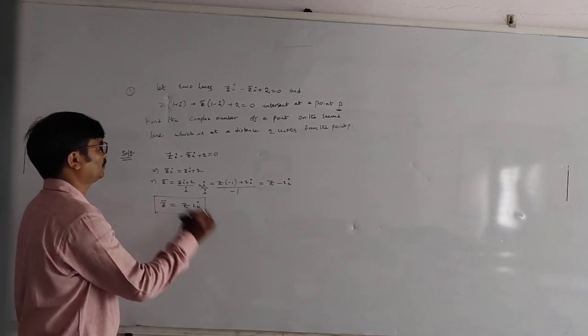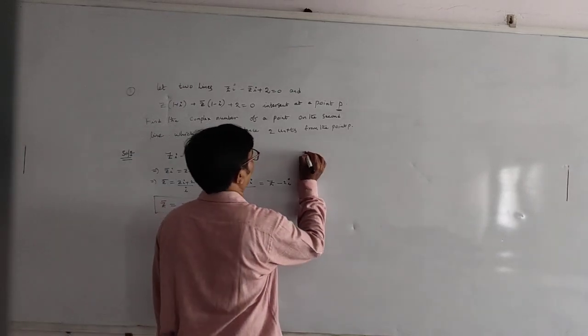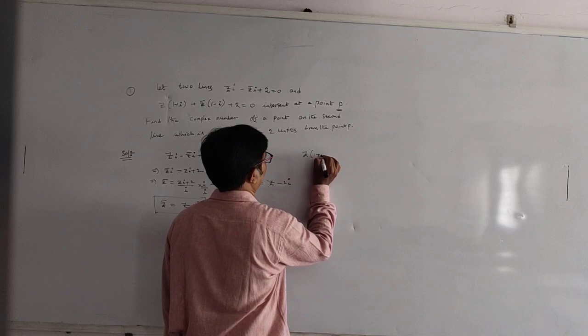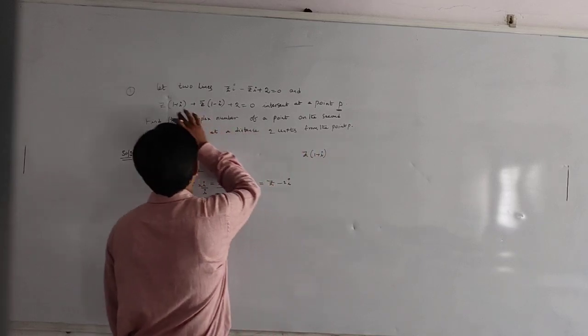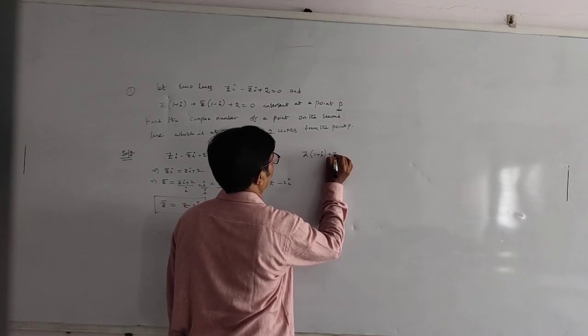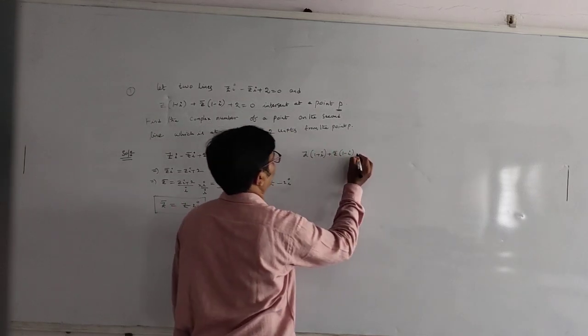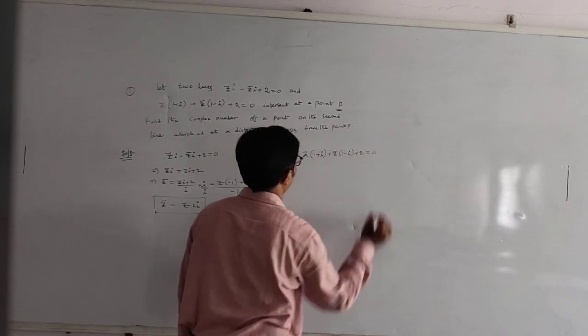Okay, students. After that, the second line is given that z into 1 plus i plus z bar into 1 minus i plus 2 equal to 0.